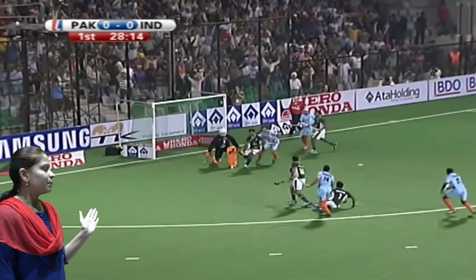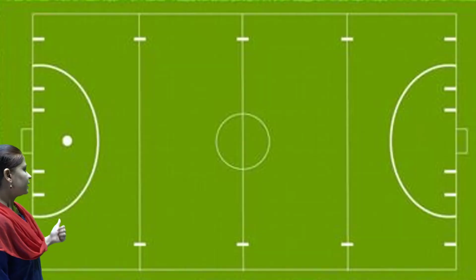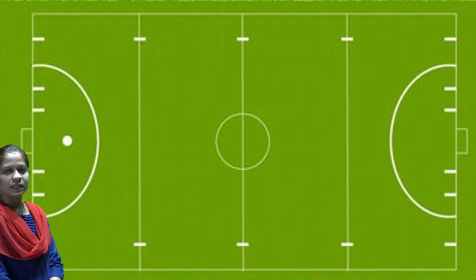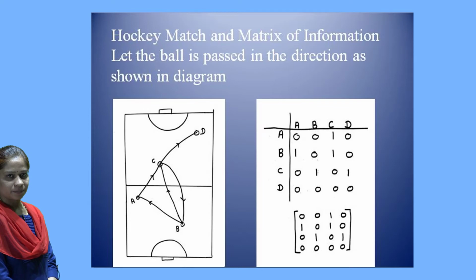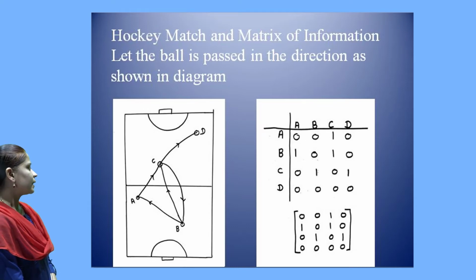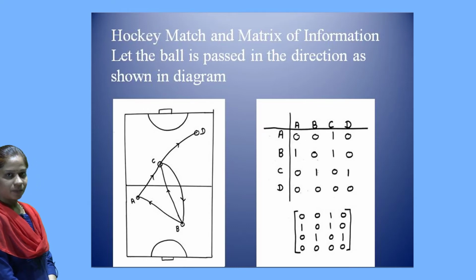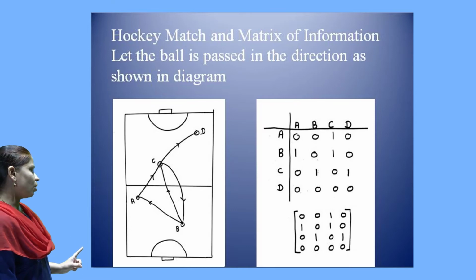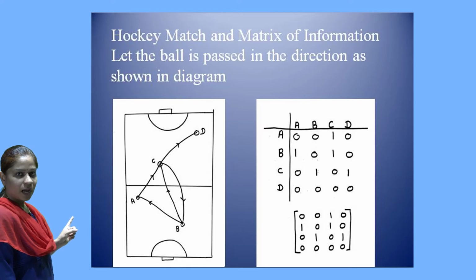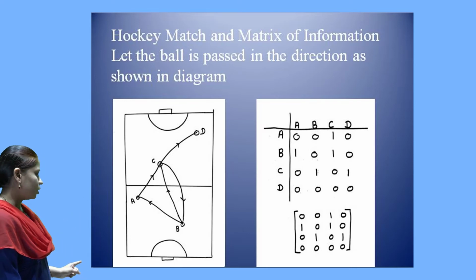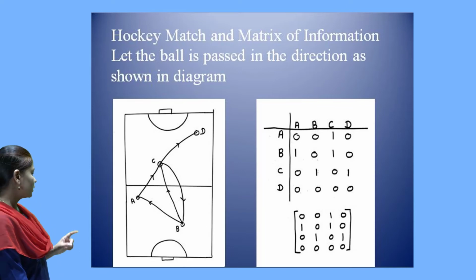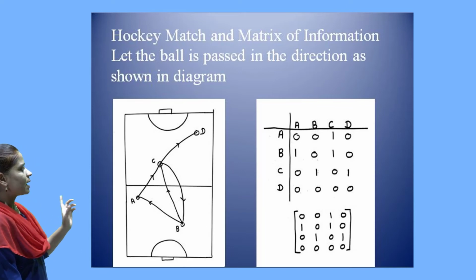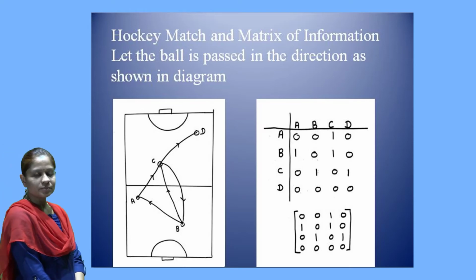For understanding purposes, we will consider this diagram of the ground in which I have considered four players A, B, C and D. We will consider that B has passed the ball towards C, again C has passed the ball towards B, then B has passed the ball towards A and A has passed the ball towards D.